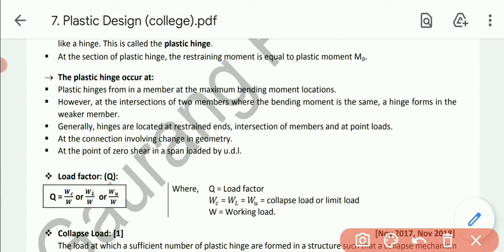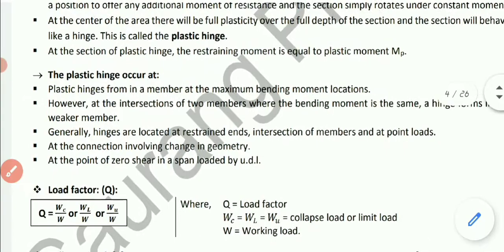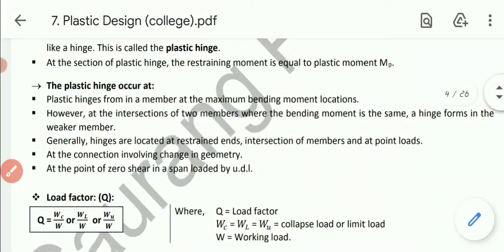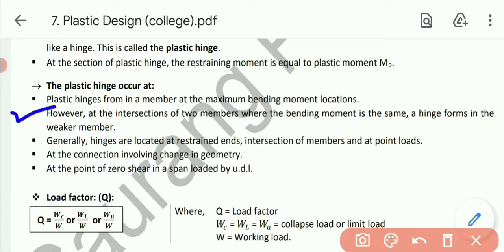Now, let me zoom the figure. See, a plastic hinge forms in a member at the maximum bending moment location. So the first plastic hinge will occur at the maximum bending moment.